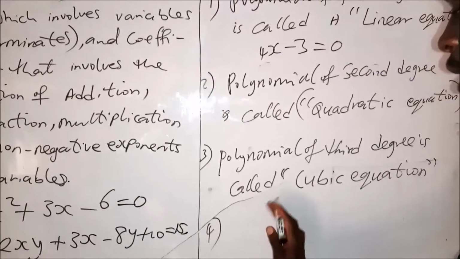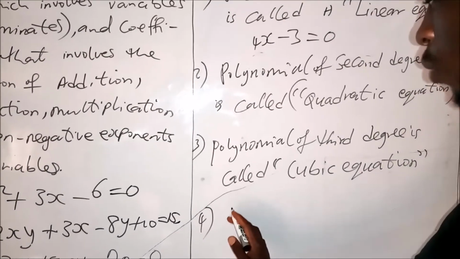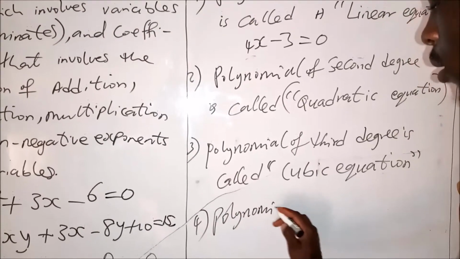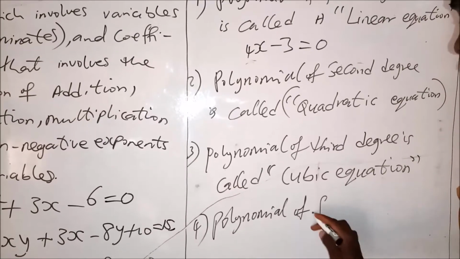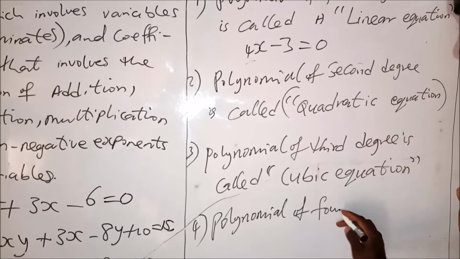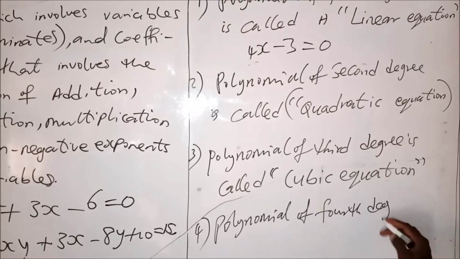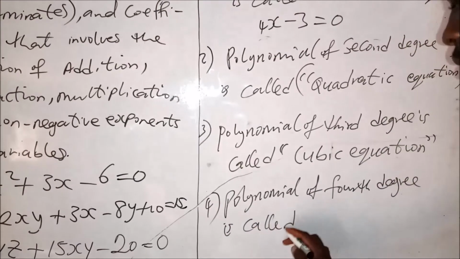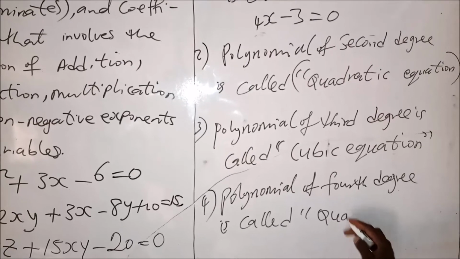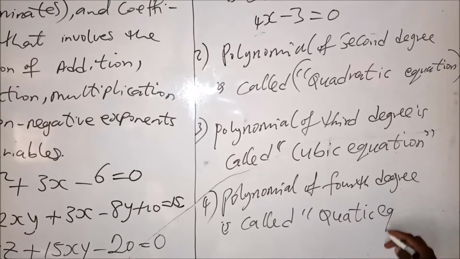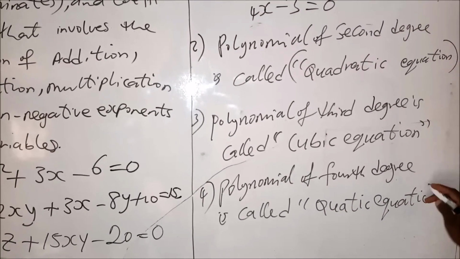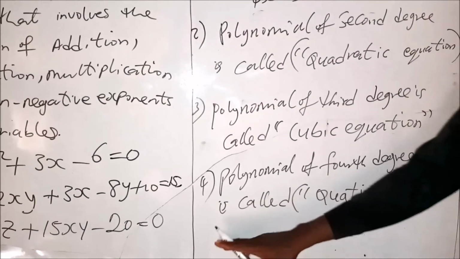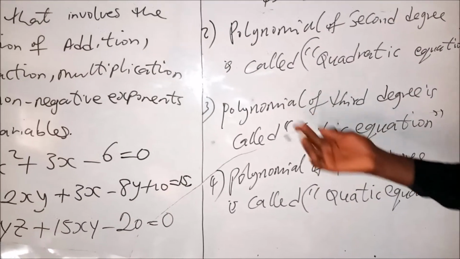Now, the last but not the least, where we stop at, is polynomial of the fourth degree, which is called quartic equation. So we have polynomials of fifth degree, which is called pentic equation, and so on.